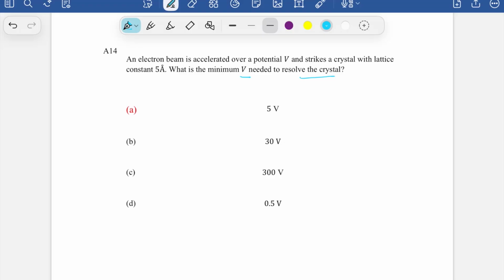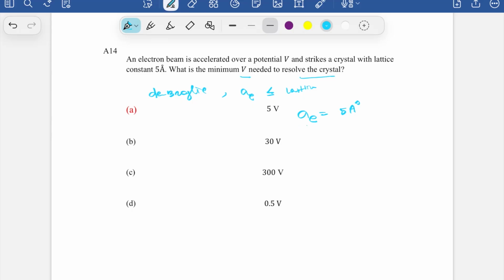To resolve the crystal, the de Broglie wavelength associated with the electron should be less than or equal to the lattice constant. So in the minimum case you could take lambda e equal to 5 angstrom.